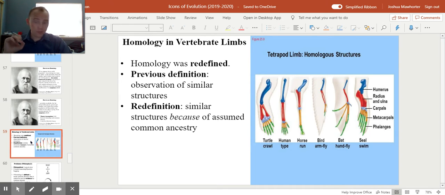vertebrate limbs, but here's the problem, and this is why philosophy needs to be done within science, and logic needs to be studied alongside science, because science has a philosophy, whether people acknowledge it or not. And when I say science, I mean people trying to engage in science. They're following a philosophy that has presuppositions, that has assumptions.